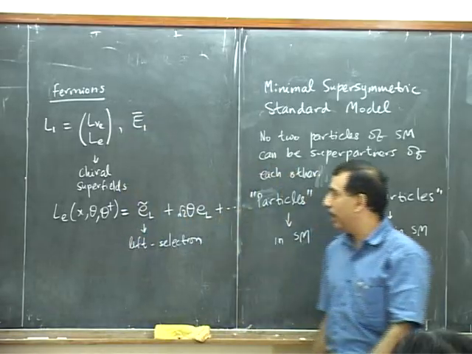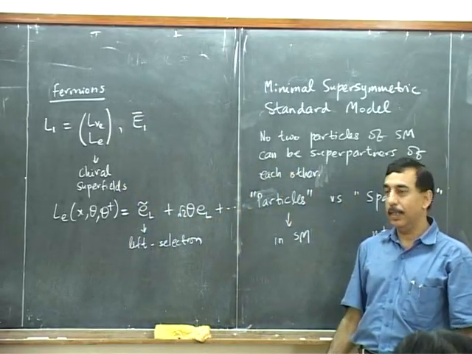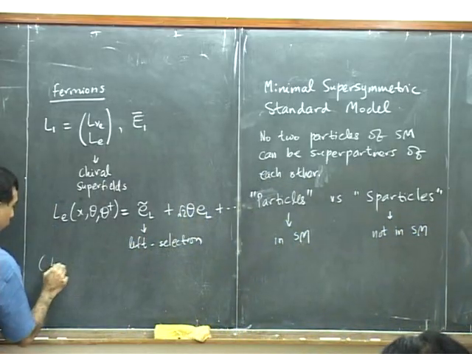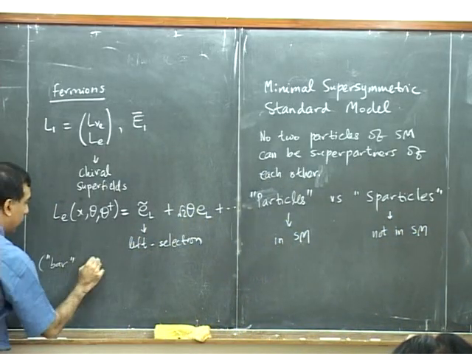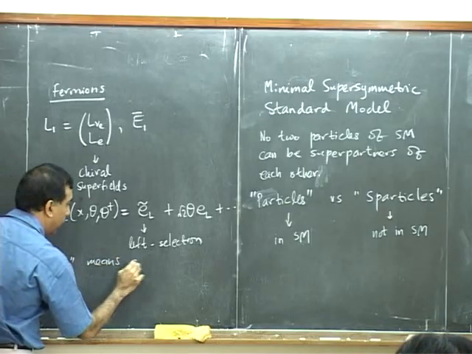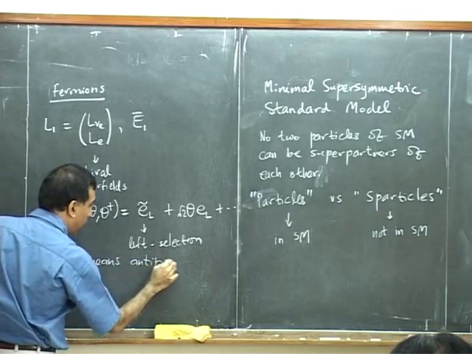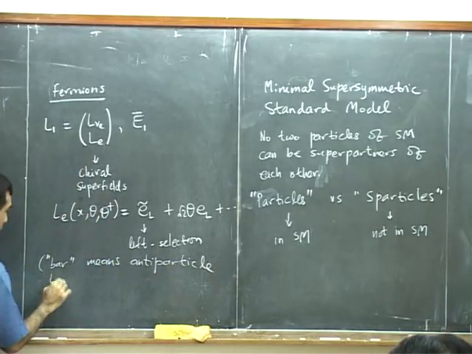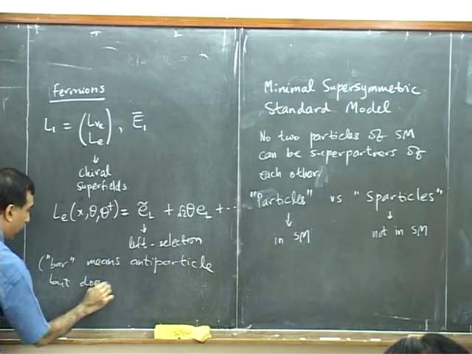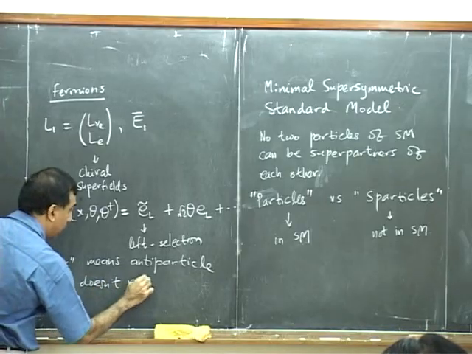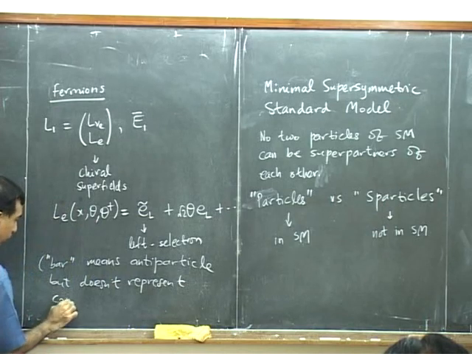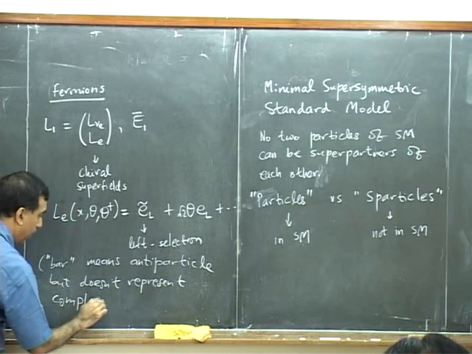And I'll be using this notation consistently from now on, and I think it's quite a good one. Bar means antiparticle, but doesn't represent complex conjugation, which I'll reserve for dagger or star.